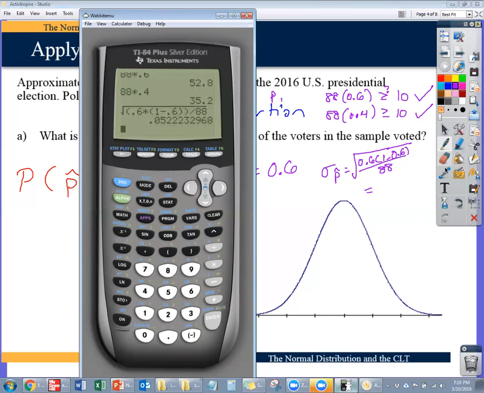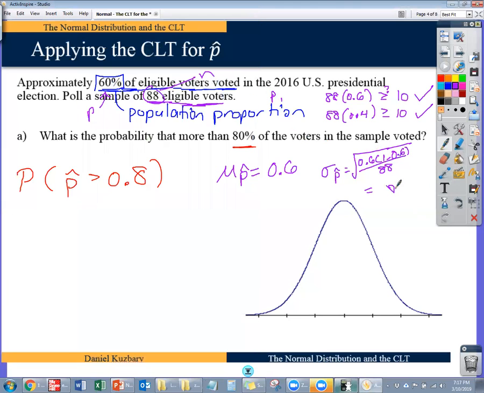So I'm going to round that to 2 decimals. Let me round that, that's 0.05. I'm sorry, that's fine. 2 decimals. 0.05. Good. Okay, so now I have this, which means I can say that p hat is normally distributed with mean 0.6 and standard deviation 0.05.